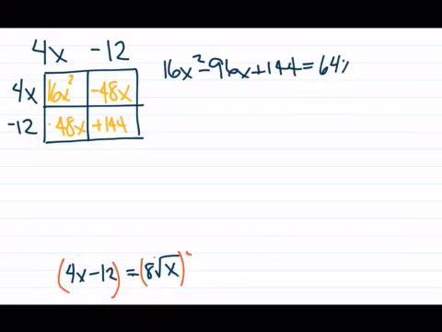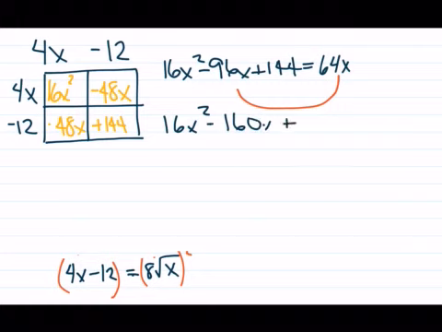Okay, we need to get everything equal to 0 since I have a quadratic equation. And that would bring the 64 this direction. So it'll end up giving us 16x squared minus 160x plus 144 equals 0. Now this example is a little bit more intense with the math.